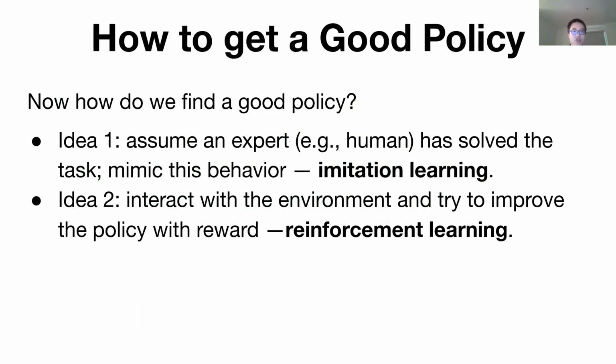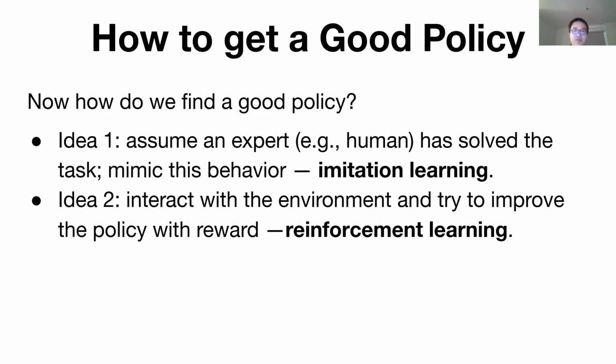So as a task solver, how do we find a good policy? The first idea is to assume that an expert, such as a human, has already solved the task and mimic this behavior. This is imitation learning. The second idea is to interact with the environment and try to improve the policy with the experience.